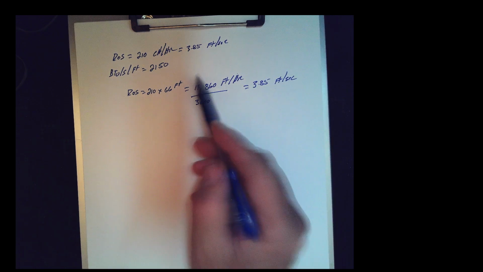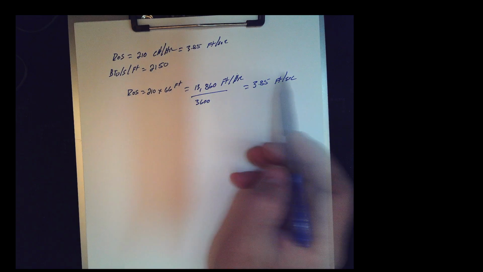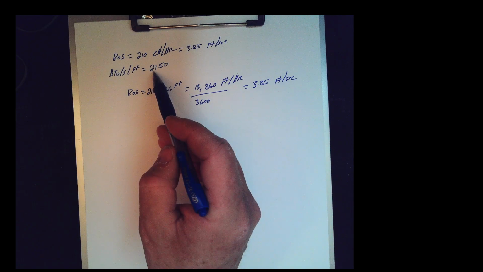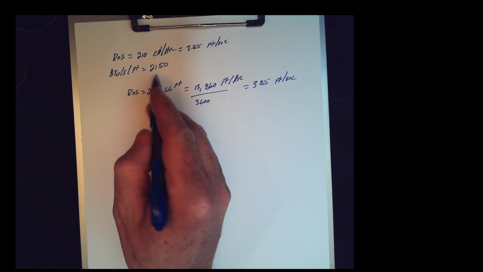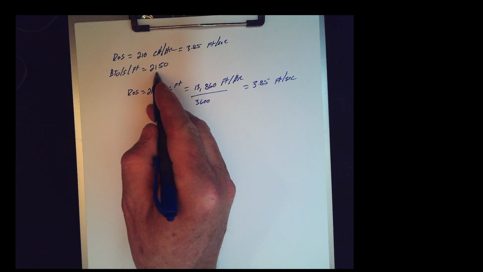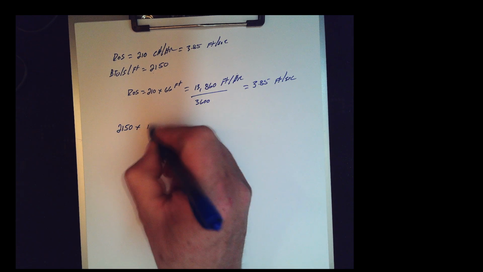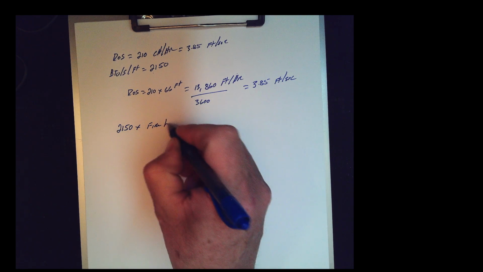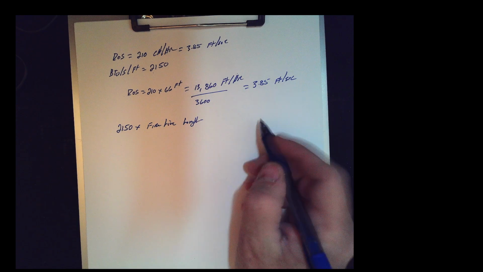So now, if we have 2150, and let's say that we want to determine our fire intensity. Fire intensity is going to be this 2150 times the fire line length. So let's estimate that.